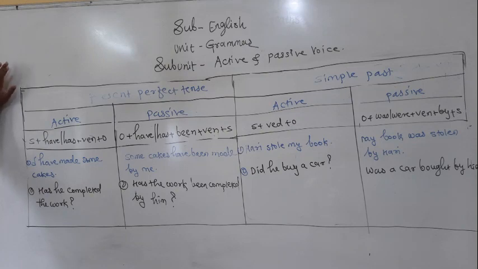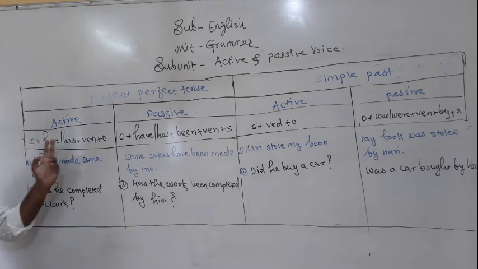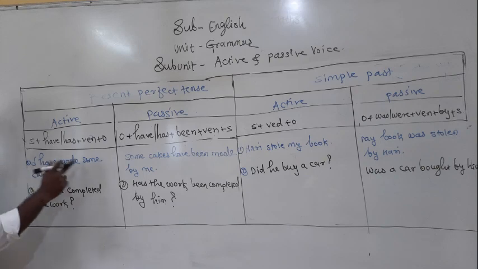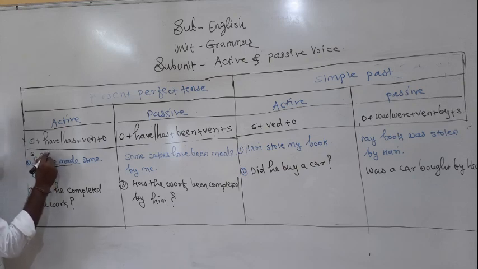The perfect tense I would like to discuss. In active voice, the structure of the present perfect tense is subject plus has or have plus the third form plus object. See the example. I have made some cakes. Here I is a subject. Have made: have is an auxiliary plus the third form of the verb.